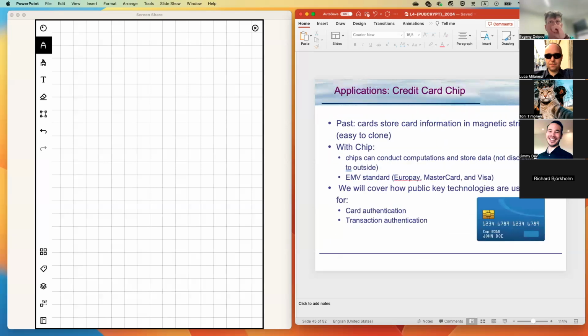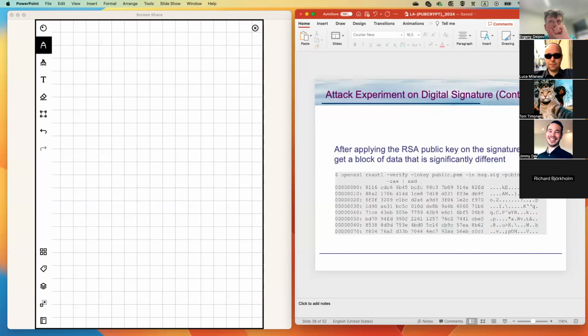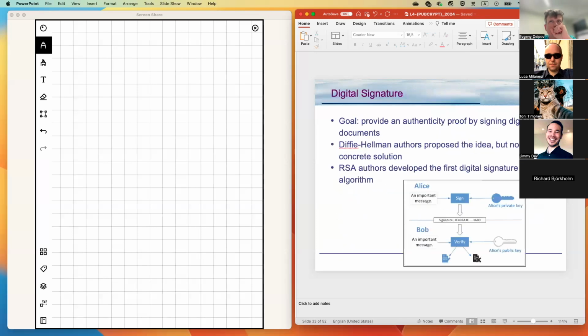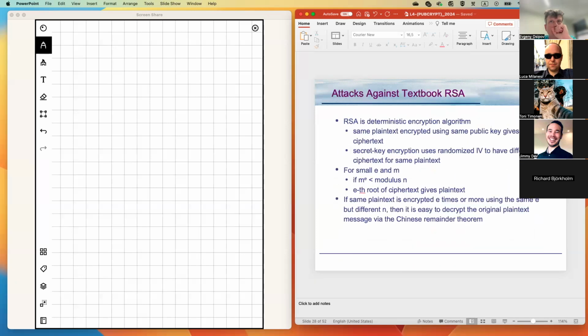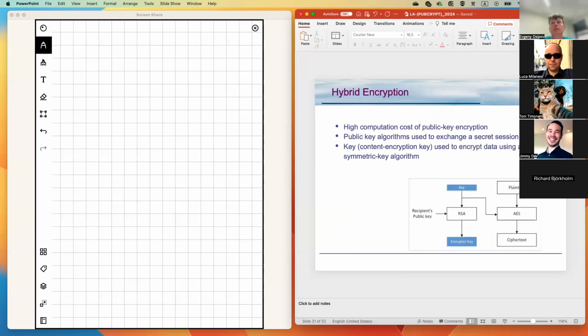VPN's scheme is very similar to this operation. So in VPN, the keys can be renewed using this technique.